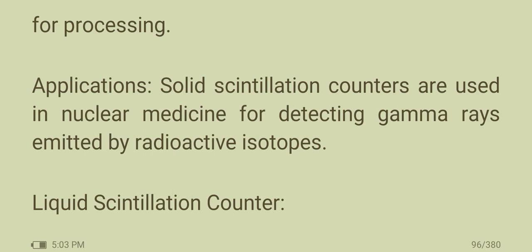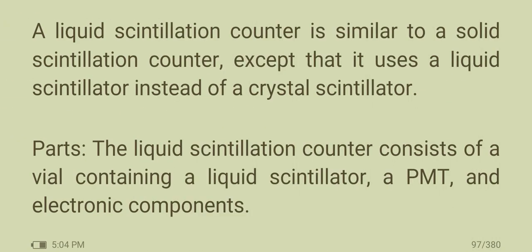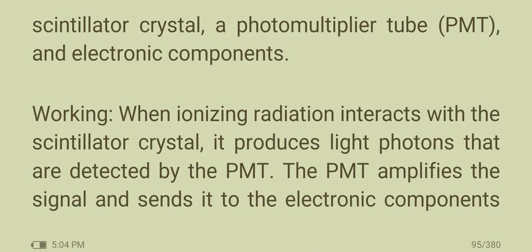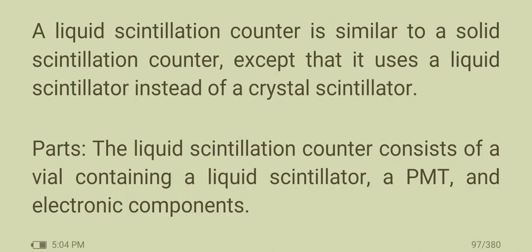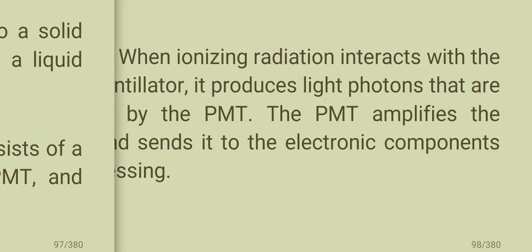Next is the liquid scintillation counter. A liquid scintillation counter is similar to a solid scintillation counter except that it uses a liquid scintillator instead of a crystal scintillator. A liquid scintillation counter consists of a vial containing a liquid scintillator, a photomultiplier tube, and electronic components.